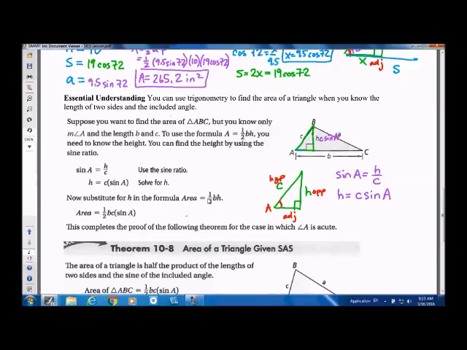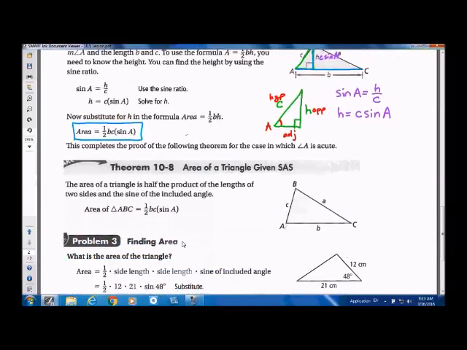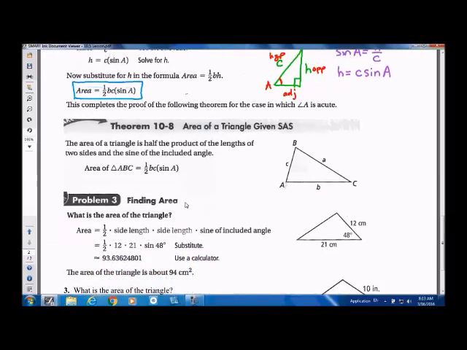I now have a base times a height. So my area becomes 1/2. The length of the base is B, and the length of my height is C sine angle A. We just proved our last theorem here.